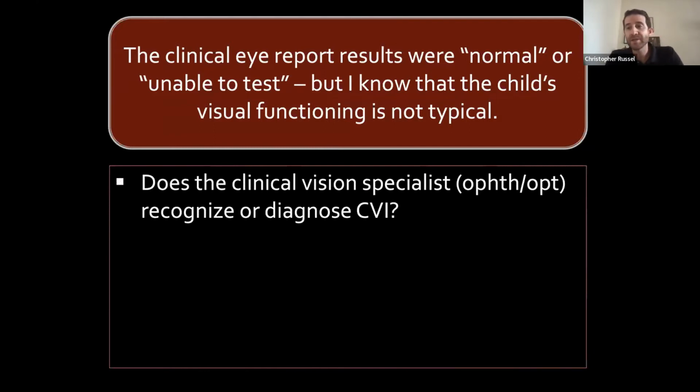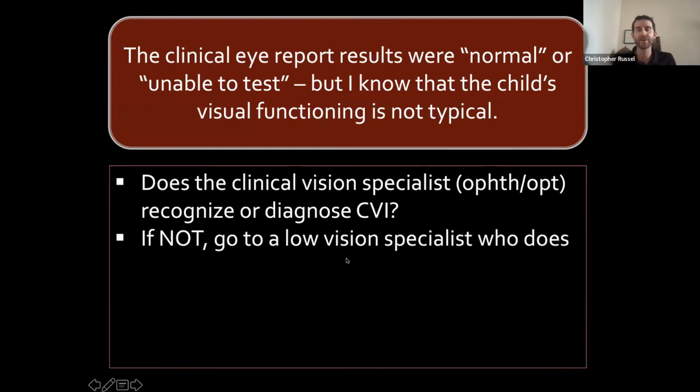Their expertise is in the ocular structures and the structure of the eyes themselves. So it's not necessarily in the processing of vision in the brain, although of course they get training in that. It's really not their diagnostic job. And so many are not comfortable with diagnosing CVI, which is, as I said, a more functional diagnosis.